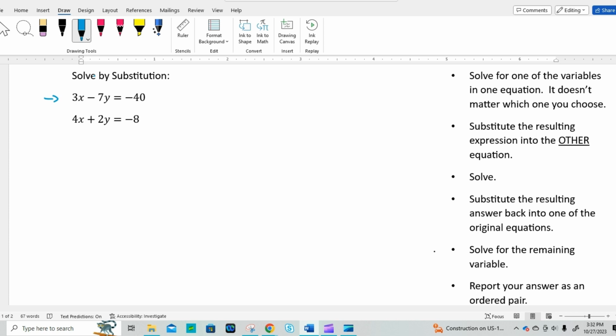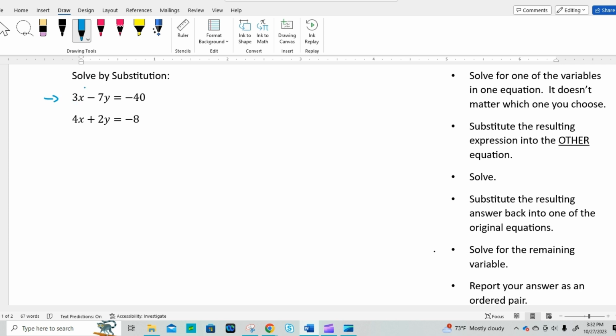So I'm going to start with the lowest coefficient that I have, because at least if I pick the lower one, I have a chance of getting nice even numbers, or having things divide evenly through the first time.